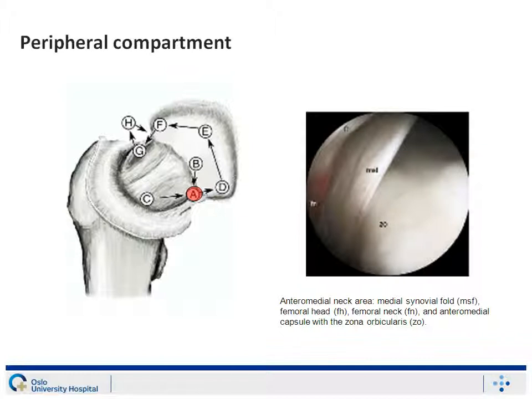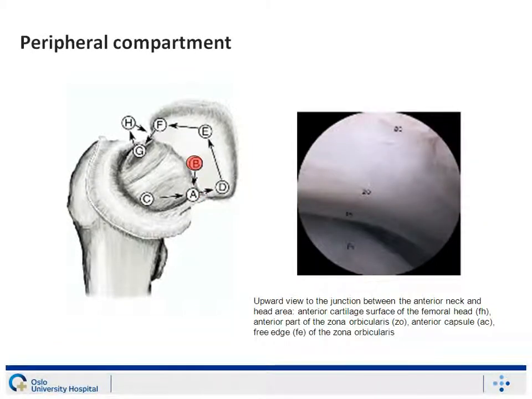And this is the medial synovial fold, and this is the zona orbicularis. So what you're looking for is the medial synovial fold, which means that this is the limit, the border of the anterior part of the peripheral compartment. And this can also contain vessels, so you should normally not do surgery on this.